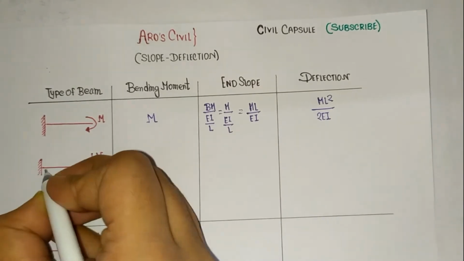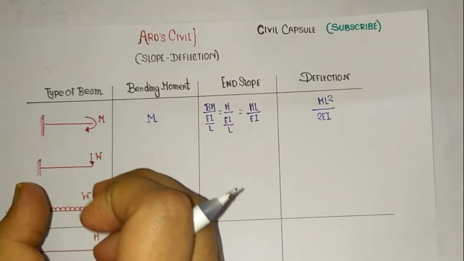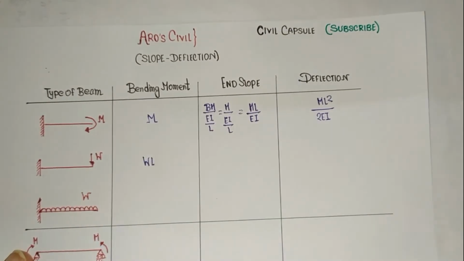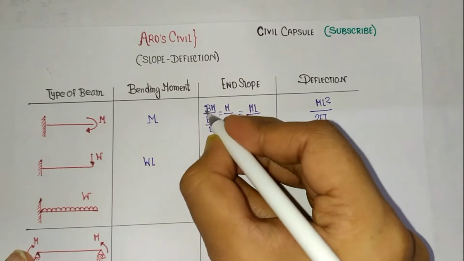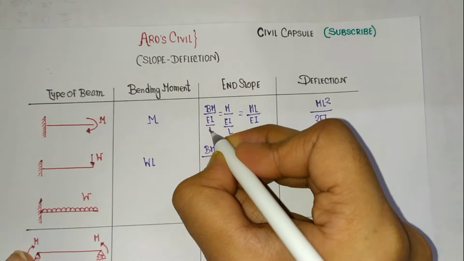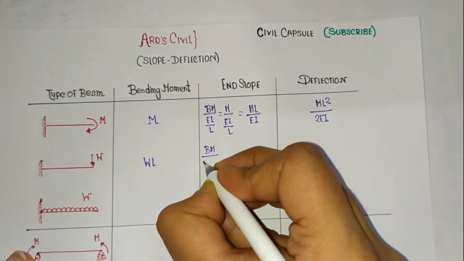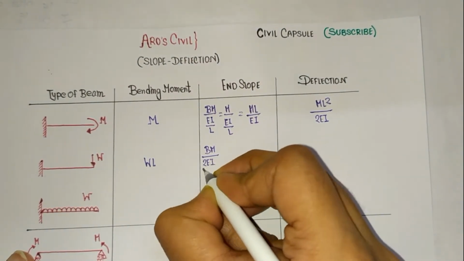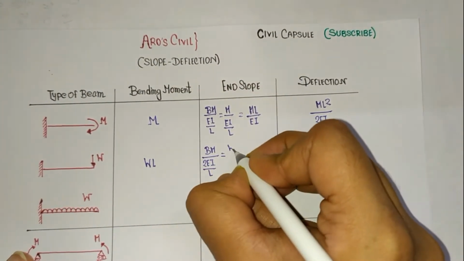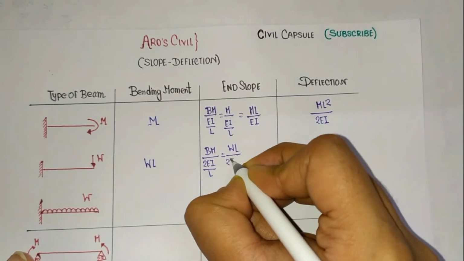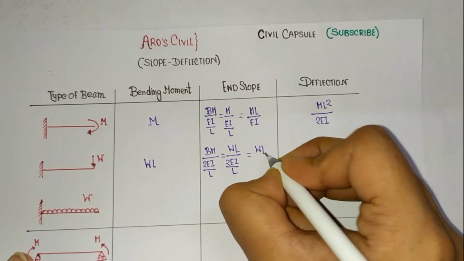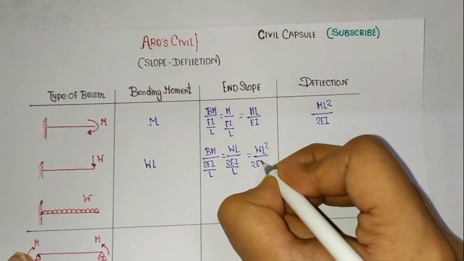Suppose the length of the beam is L, so the bending moment is W into L. Now write in this way: bending moment by 2 EI by L. In this case you have to write 2 EI by L. So bending moment is WL and it is divided by 2 EI by L. So at last it comes as W L square by 2 EI.